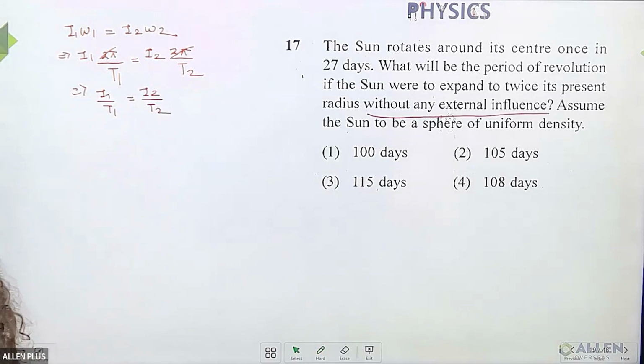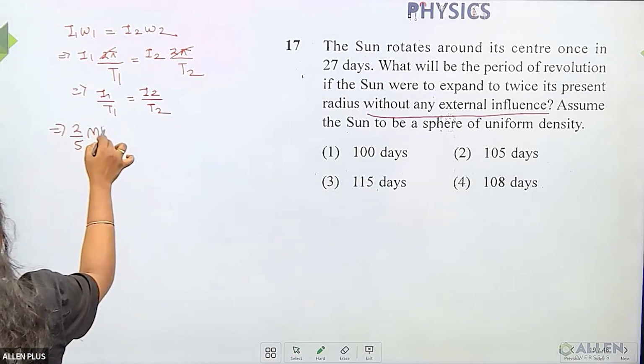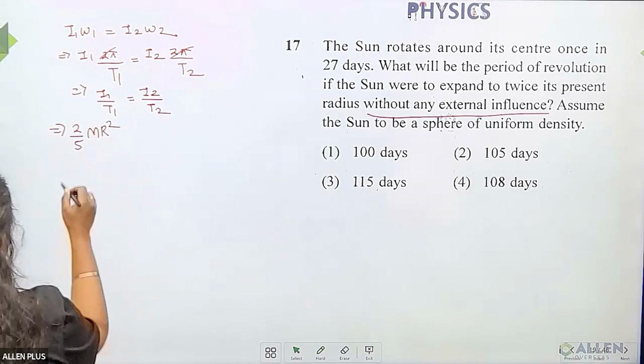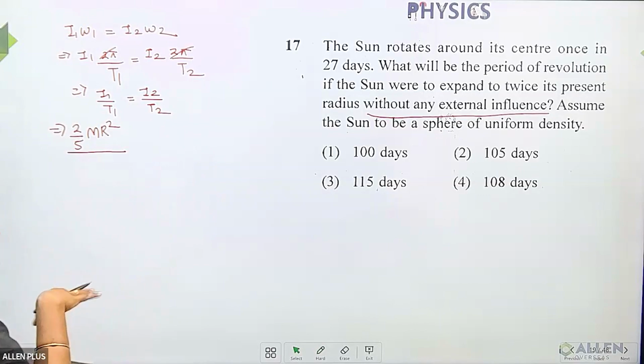What is this I here in case of angular momentum? It is nothing but the moment of inertia. So the sun, let me take it as a case of a sphere. So I can say 2 by 5 m r square divided by the time taken. The data is given in days, and also in the options it has been mentioned in terms of days, so you don't have to do any sort of conversion.